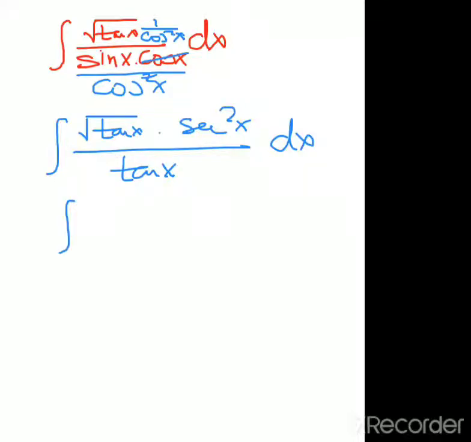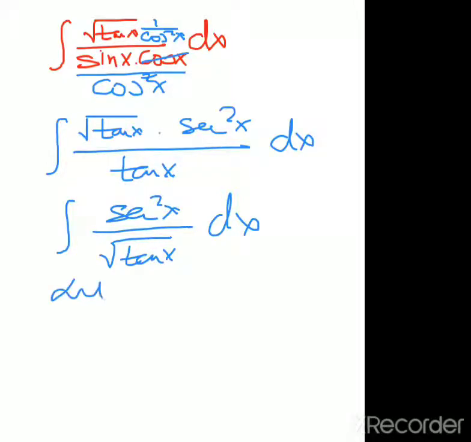I could also write it as sec square x upon under root tan x dx. Let tan x equal t.